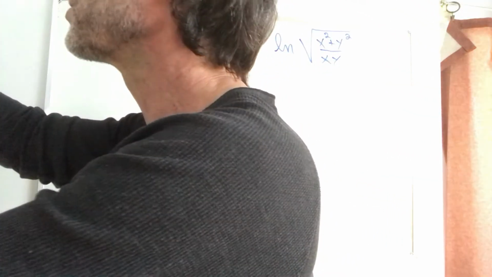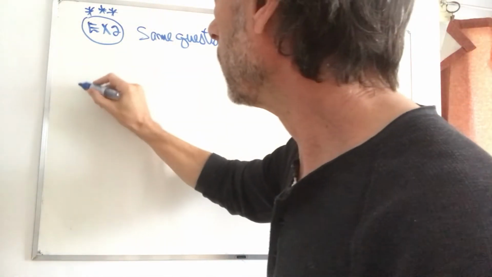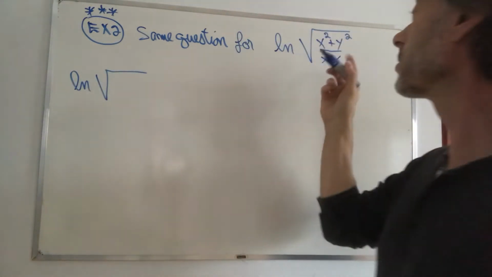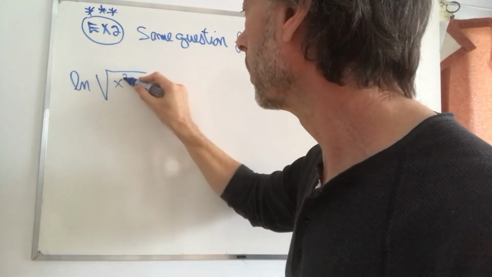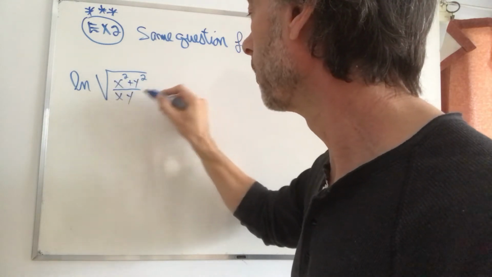Okay, yeah, that is 3 stars, I believe. So, what is this equal to? ln of the root of x squared plus y squared over xy.